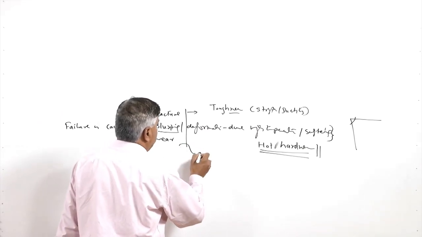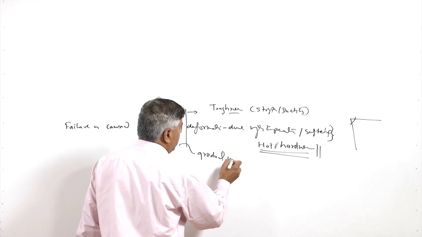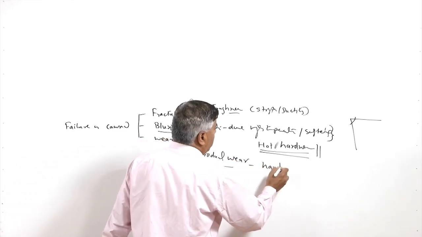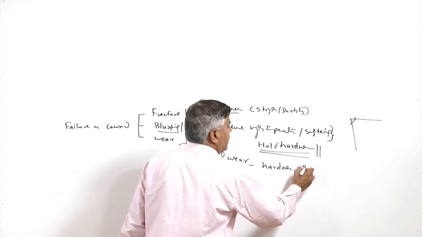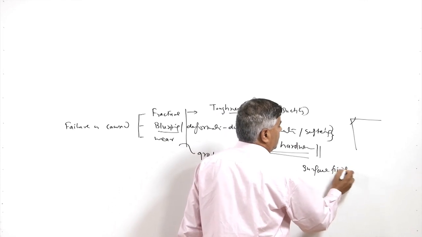Then, failure of the tool by gradual wear also depends upon the hardness, but apart from the hardness, surface finish is one aspect.